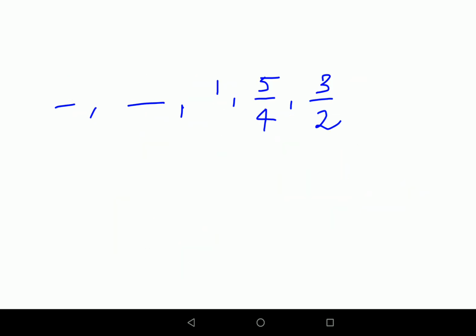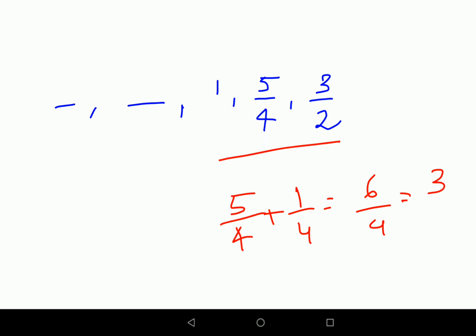Now see, this one is interesting because you need to find the first two parts of this series, and we need to first see what is the correlation between these two. If you look closely, if you add 5 upon 4 plus 1 upon 4, we get 6 upon 4, that can be reduced to 3 upon 2. And if I add 1 and 1 upon 4, I get the answer as 5 upon 4.